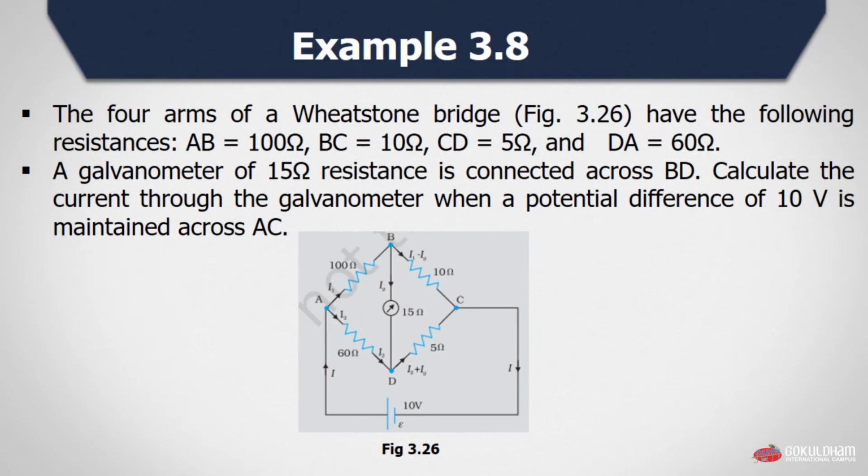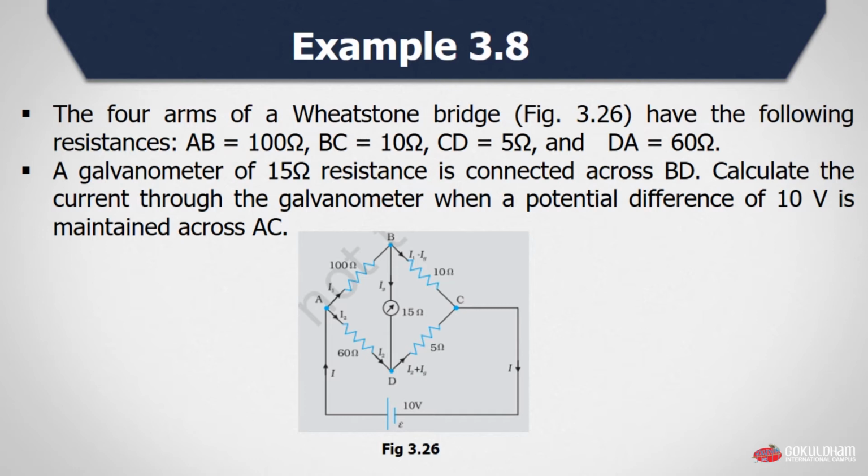Now we will look at example 3.8, according to which the four arms of a Wheatstone bridge shown in figure 3.26 have resistances AB equal to 100 ohm, BC equal to 10 ohm, CD equal to 5 ohm, and DA equal to 16 ohm. A galvanometer of 15 ohm resistance is connected across BD.